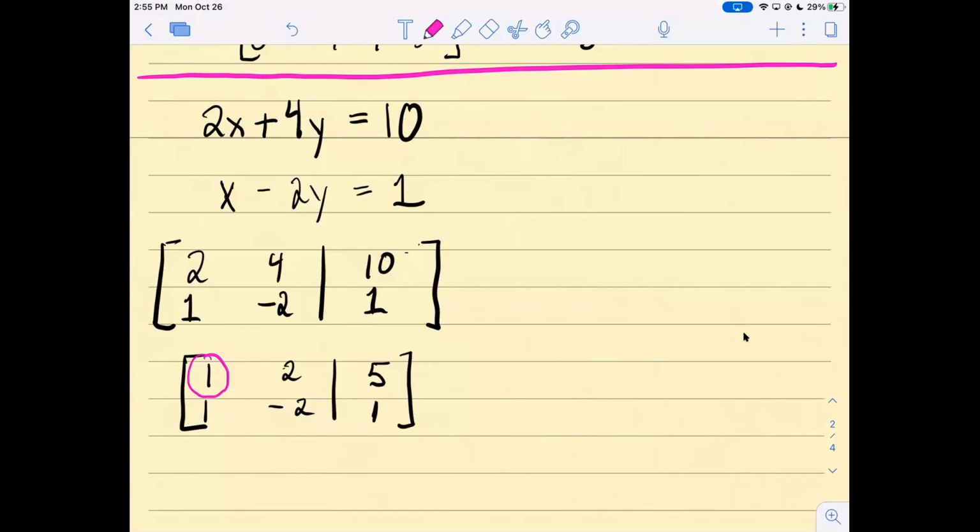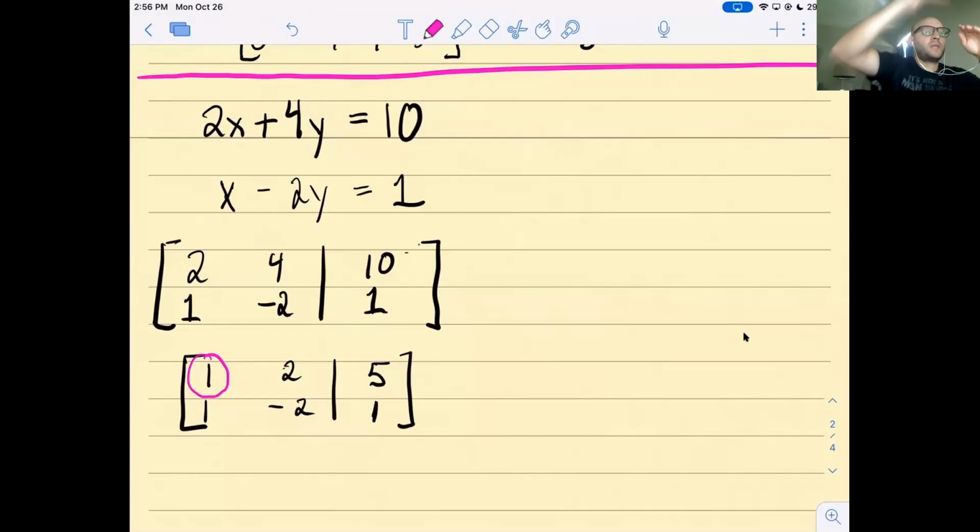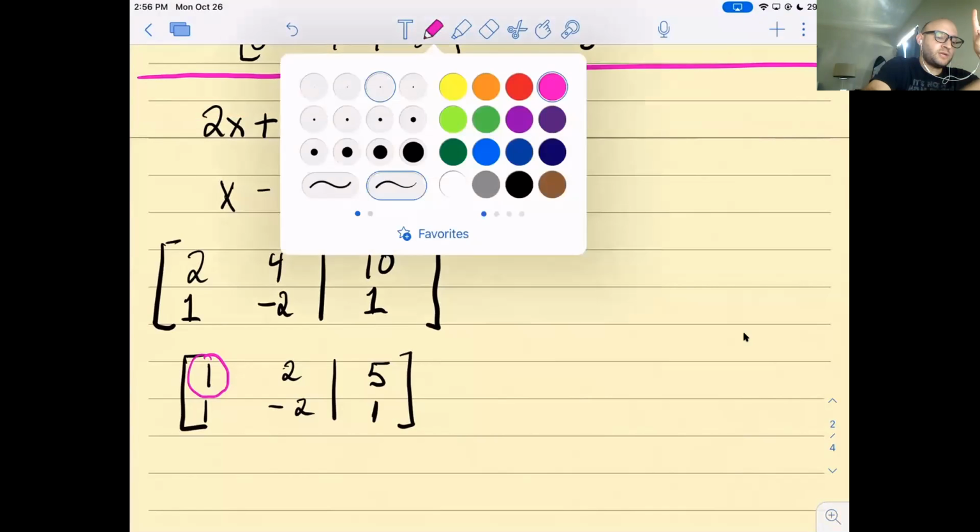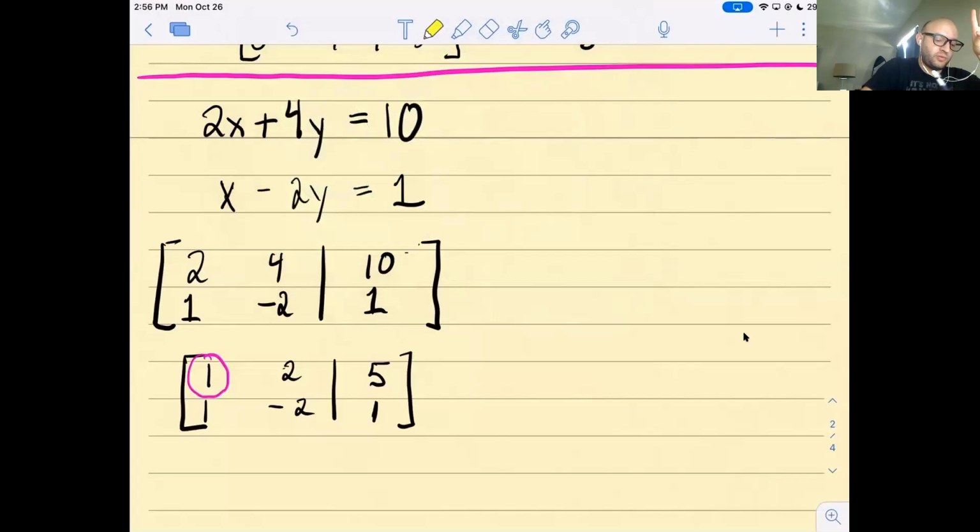Okay, wait, so we're not doing it by row, we're doing it by one individual number? I would say what we're really trying to focus on is the part before the bar. These are our x's and y's.